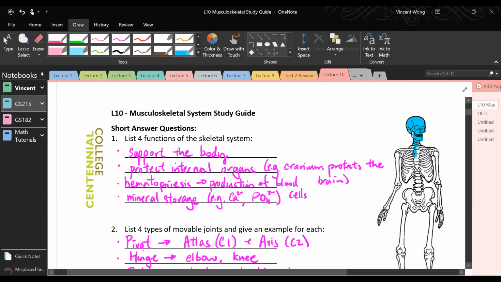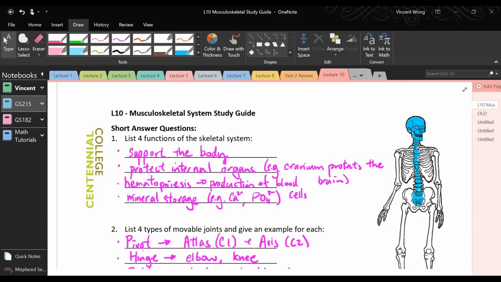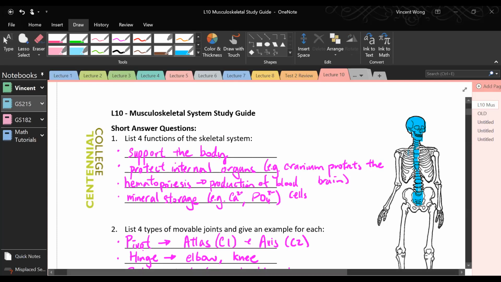It includes the vertebral column, the sacrum, and it also includes your rib cage as well. So all these are axial.